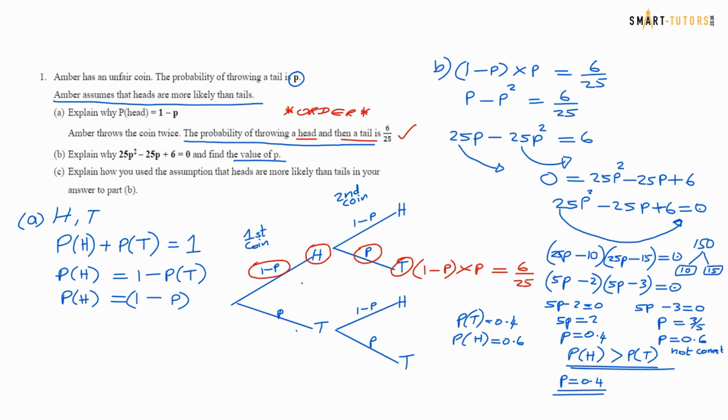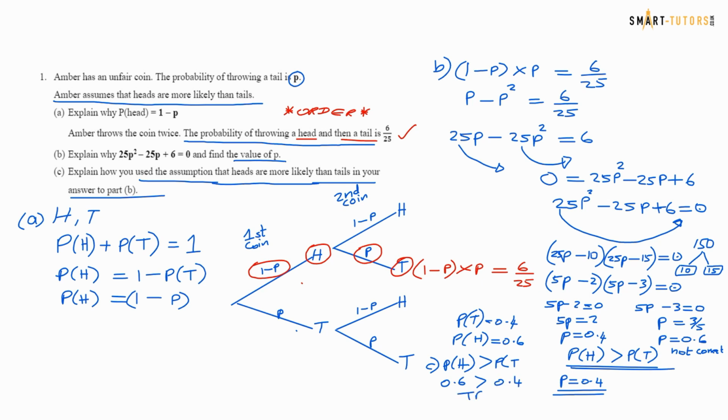And they're asking to explain how you use the assumption that heads are more likely than tails in your answer to part B. So for part B, you need to justify. You can say the probability of head is greater than the probability of tail. So probability of head is 0.6, which is greater than 0.4.